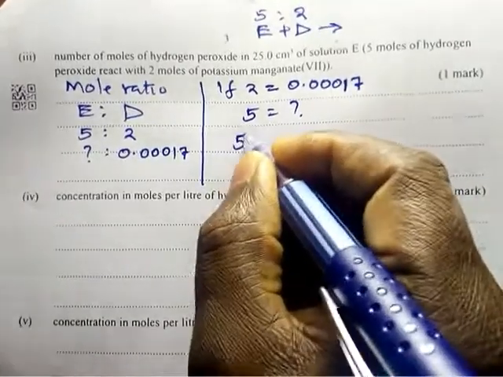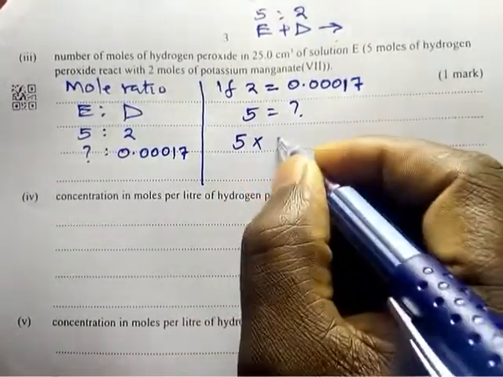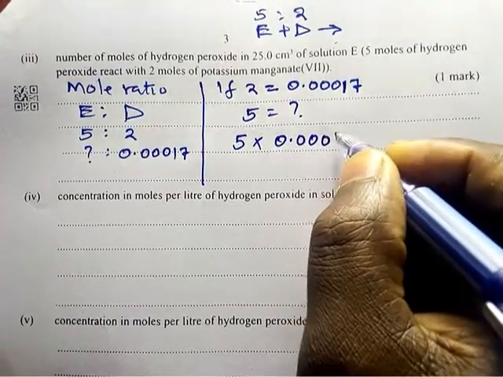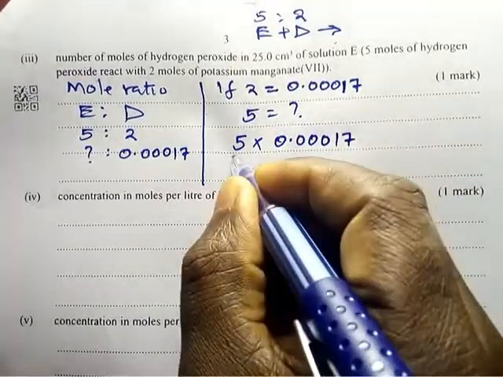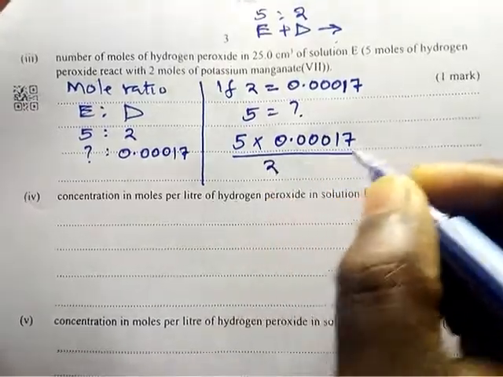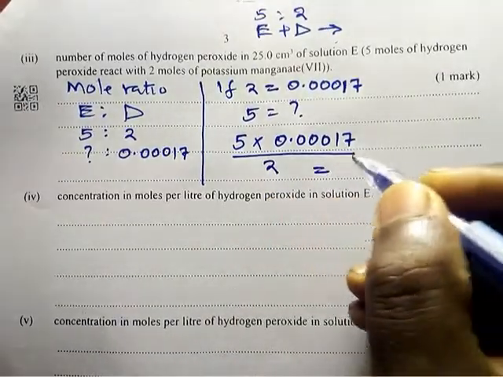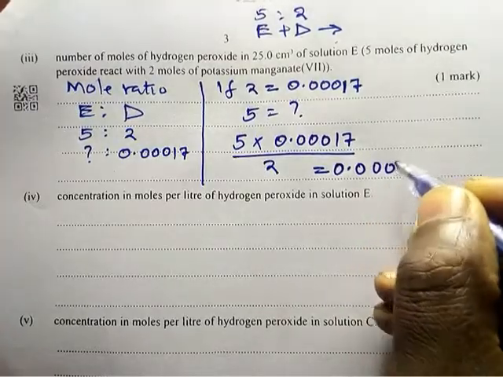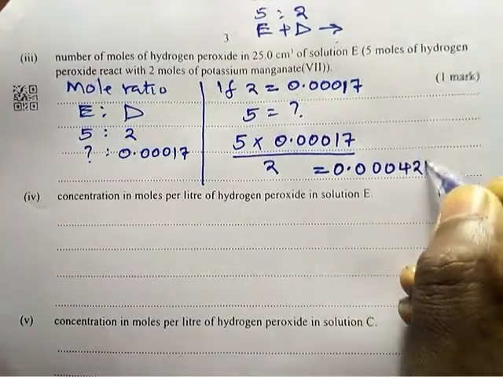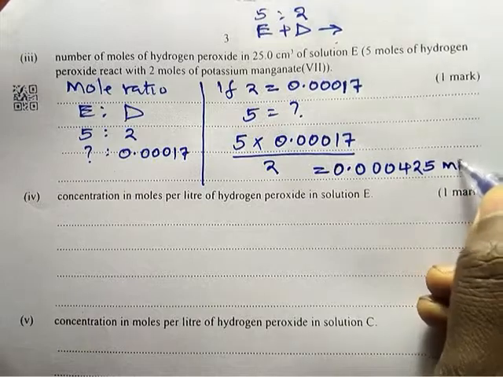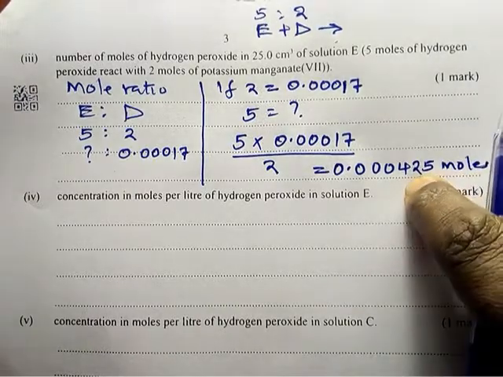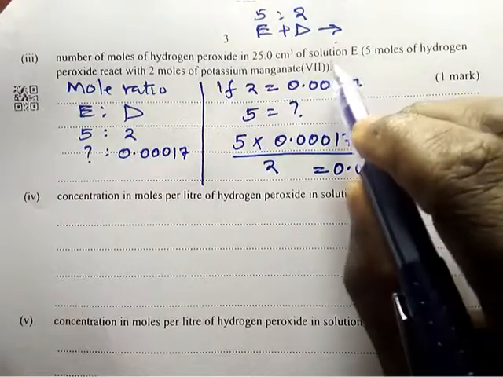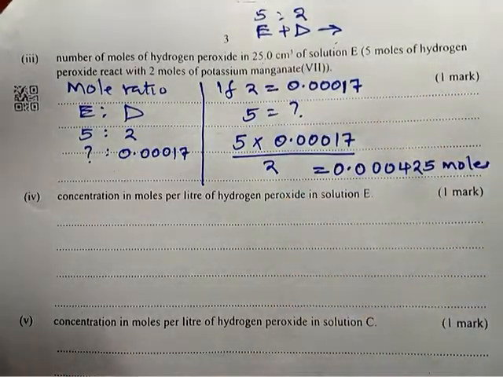So that is 5 times 0.00017, divided by 2, and the number of moles of E in 25 is 0.000425 moles. This is the number of moles in E, in 25 centimeters cube.